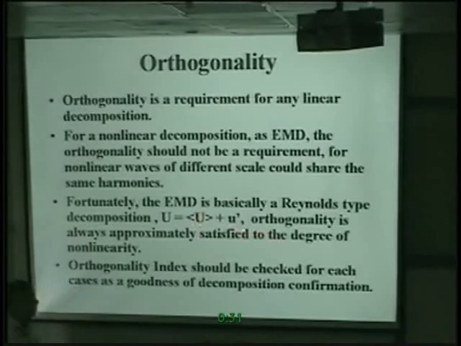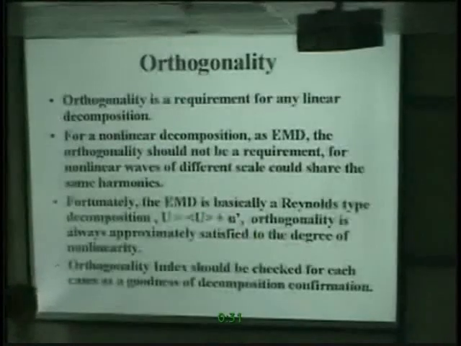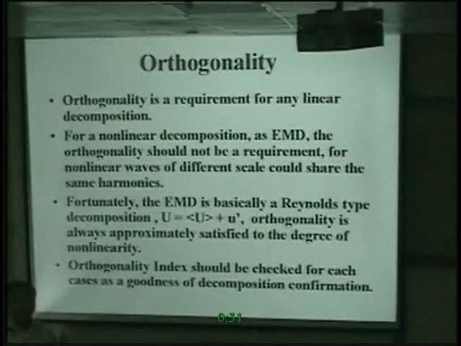This constant, however, is an overall constant. Multiply it by the fluctuation and take the average: because it is a constant, it can be taken out of the averaging process, so the average is always 0. So the inner product of the mean and the fluctuation is always 0.